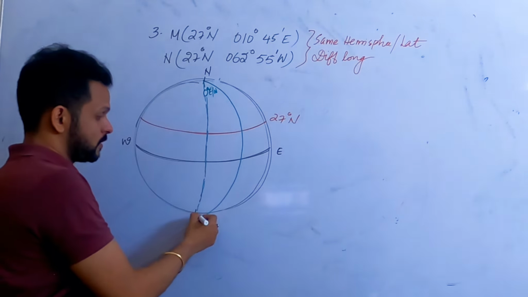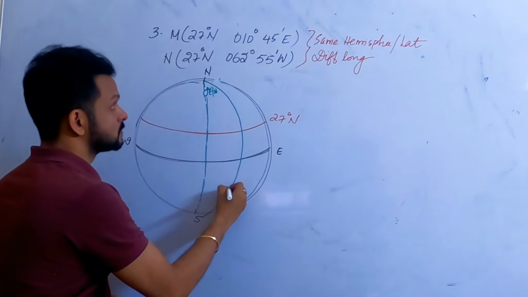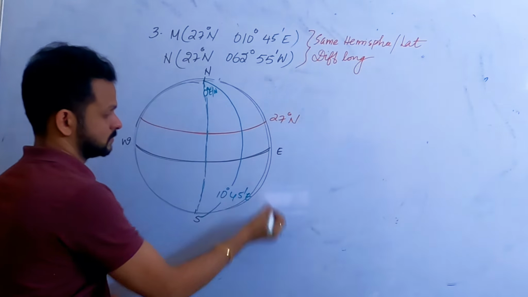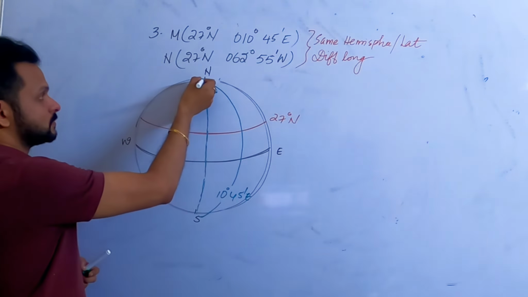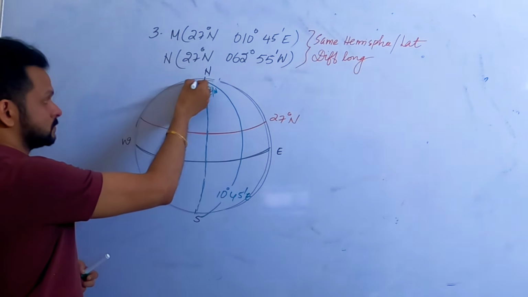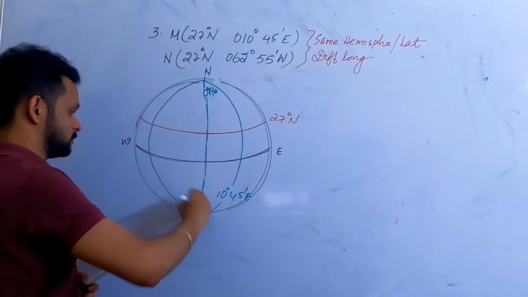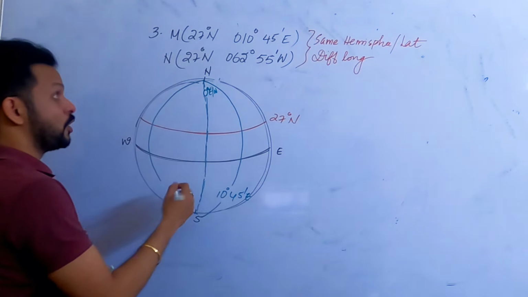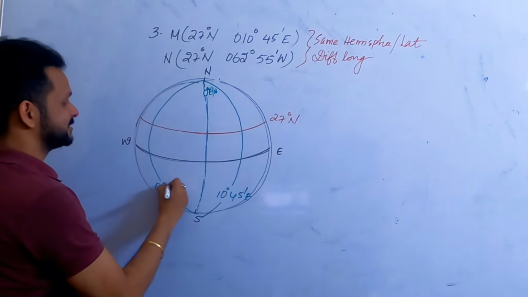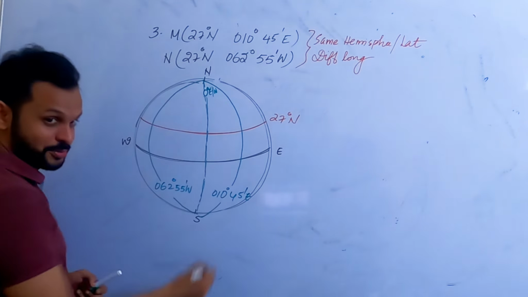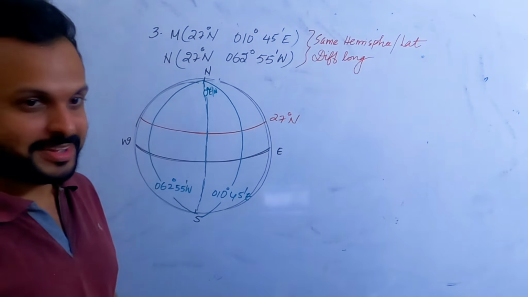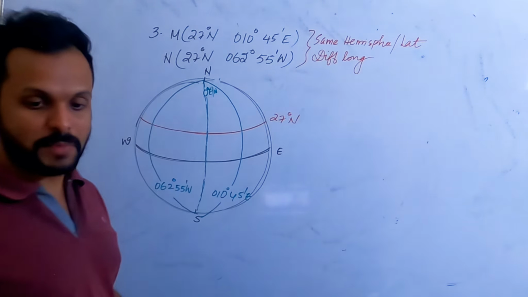To the west side of my prime meridian, I'll be drawing 62 degrees 55 minutes of longitude, west. Sorry, it's longitude, not latitude.